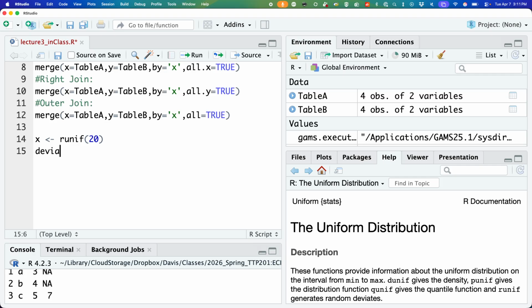Okay, I'm not going to call this deviation, I'm going to call this error. All I'm doing here is creating an artificial data set.